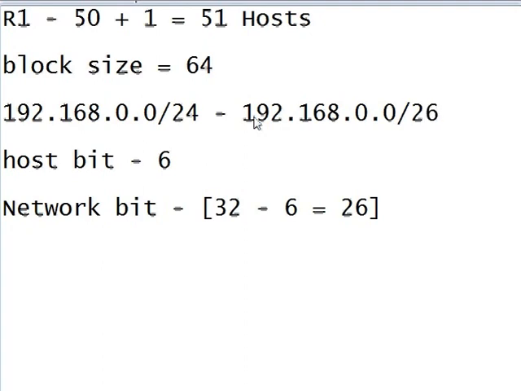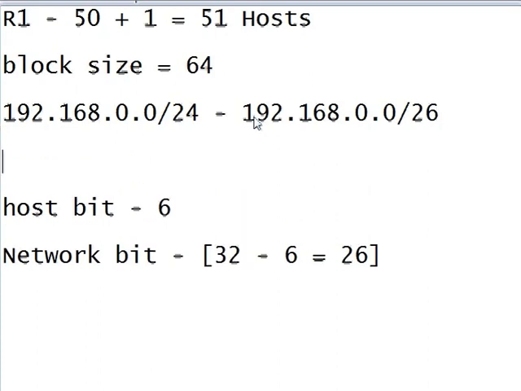When it becomes /26, how many subnetworks can we create? In that 8-bit block, 6 bits are now host bits, so we have borrowed 2 bits. Since we have borrowed 2 bits, 2 to the power 2 is 4, so we can create 4 subnetworks. Let's understand what those are.